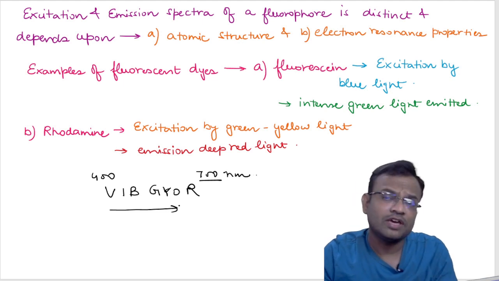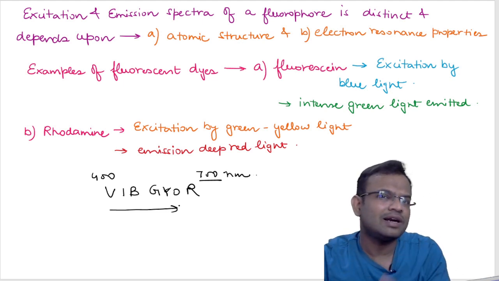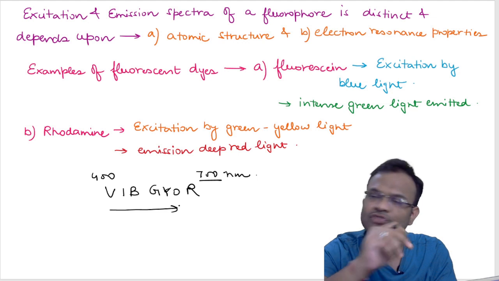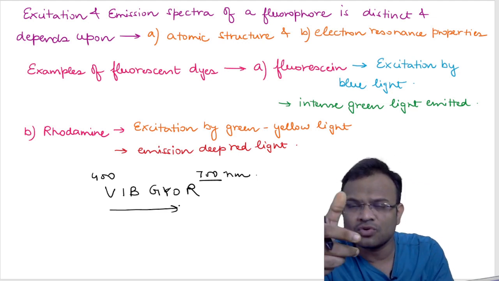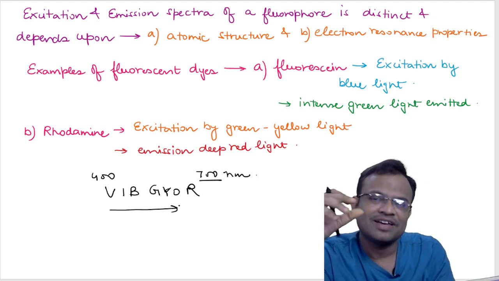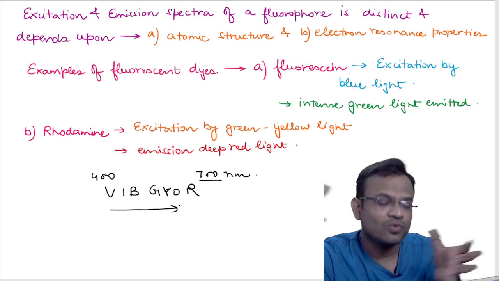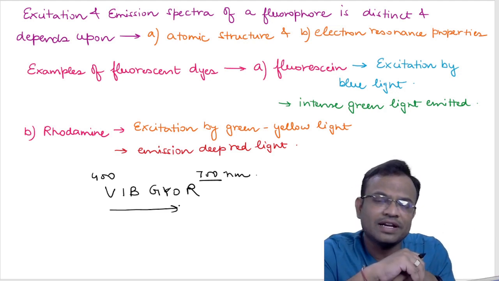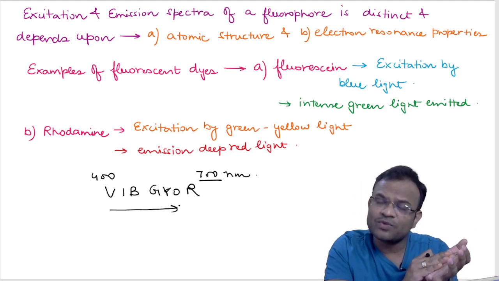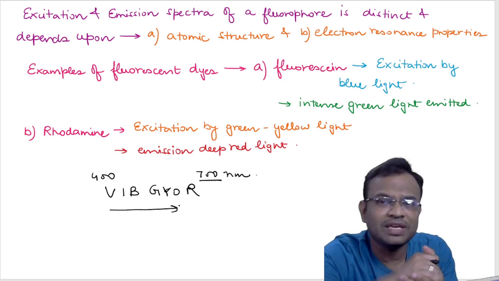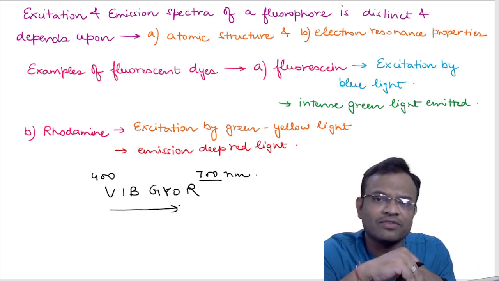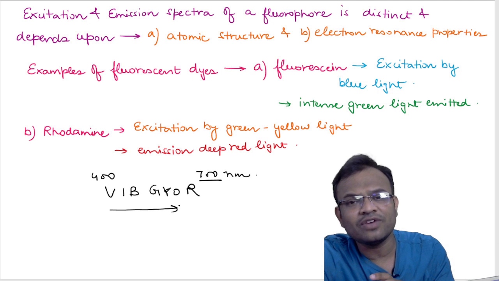Now if you are exciting the fluorophore with blue colored light, then the light that would be emitted would definitely be higher in wavelength. Why?